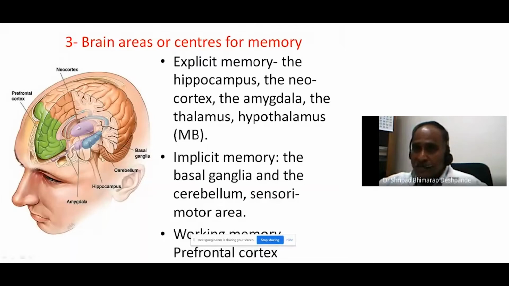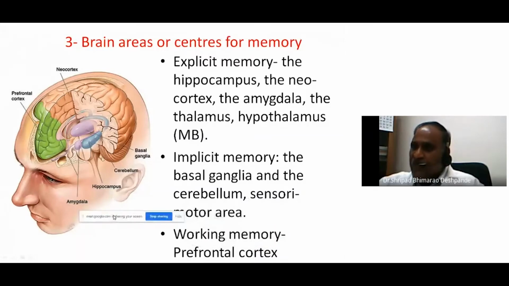The sensory motor area is here, that is the motor cortex. This is the primary motor area. The corticospinal tracts originate from the M1 motor area, then the premotor area, and some part of the somatosensory area, S1. That is why I have written sensory motor area. All of these are involved in implicit memory.